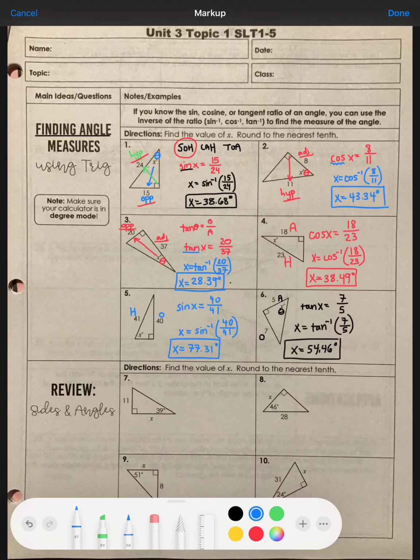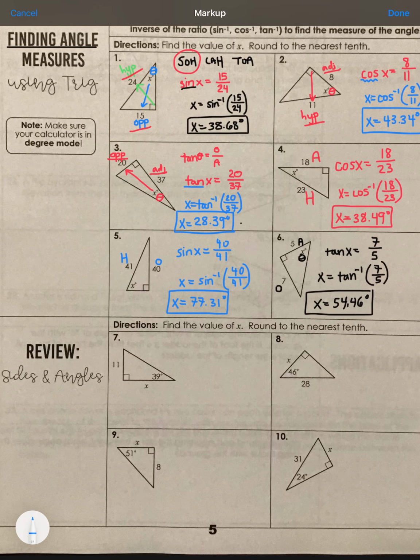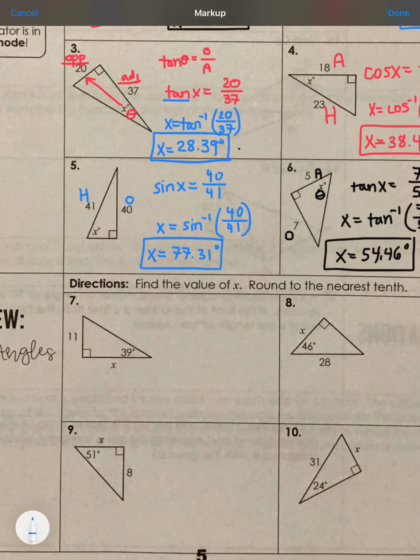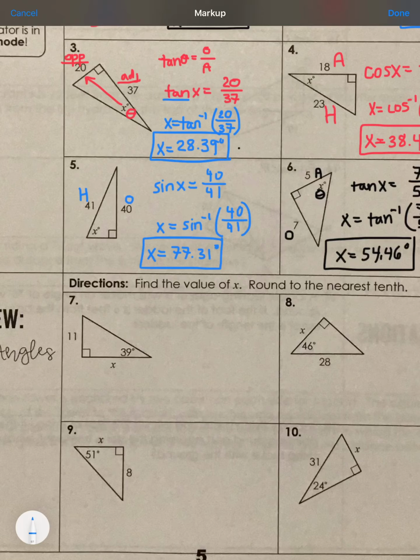So those are the first 6 problems. Now the rest of these problems on page 5 are review. They mix up whether you're trying to find the side or the angle. So let's go through just a couple of them.